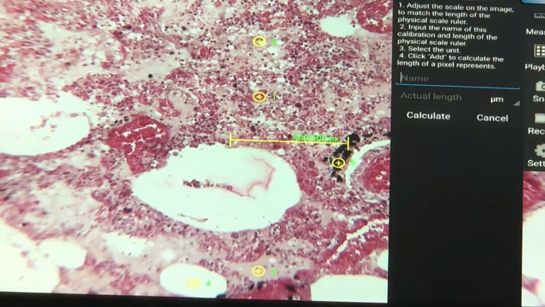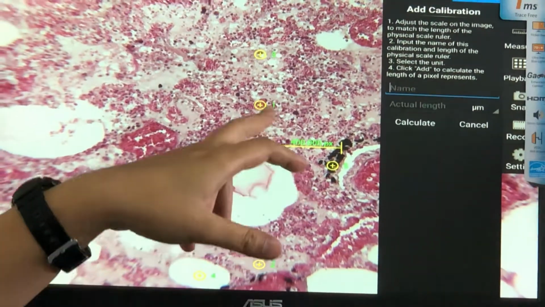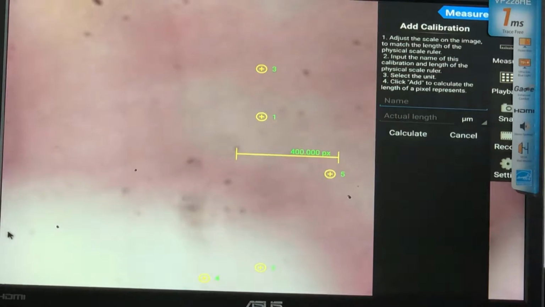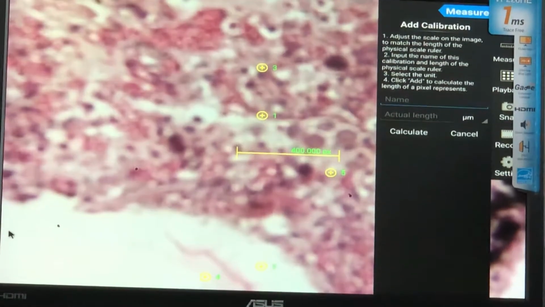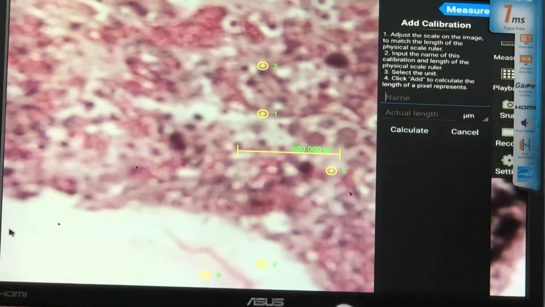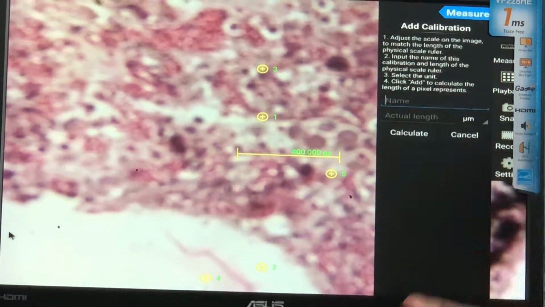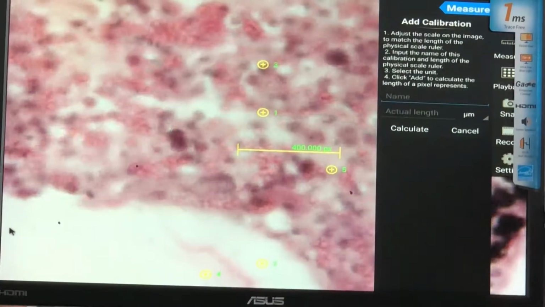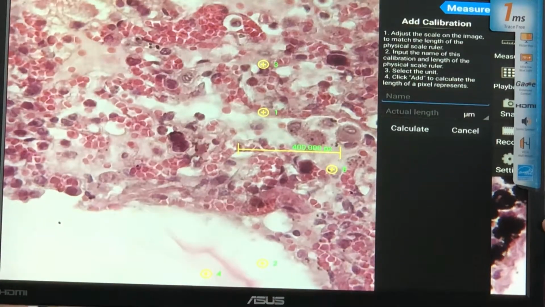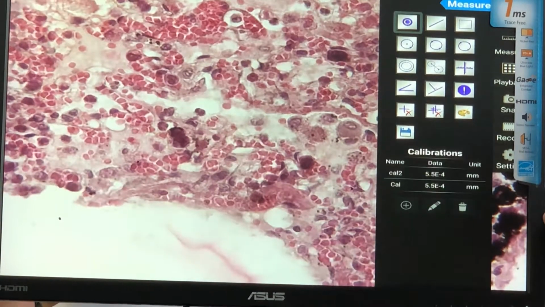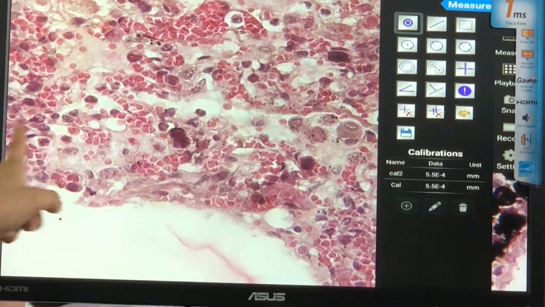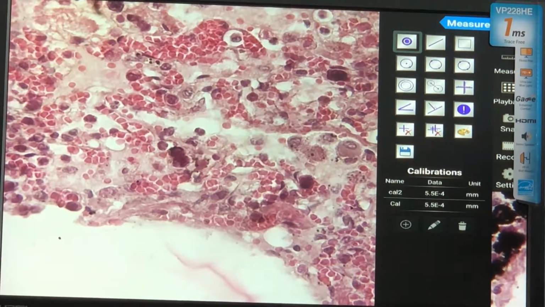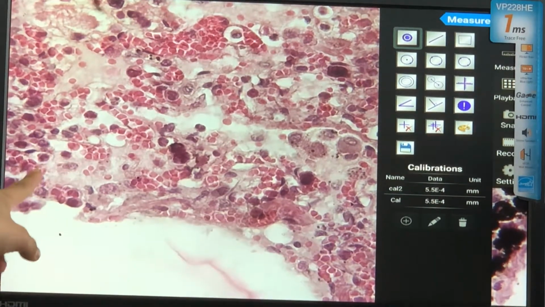Okay, I will show you the high power. Okay, high power. So this is the high power of chronic passive congestion of the lungs.